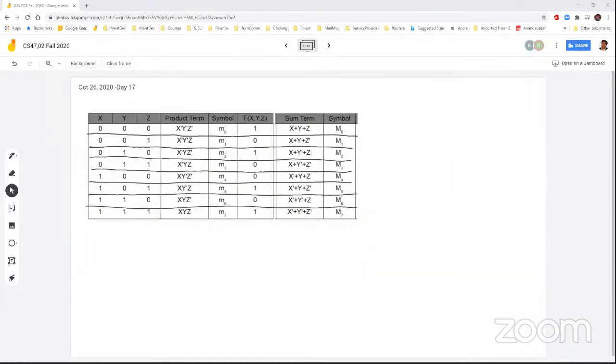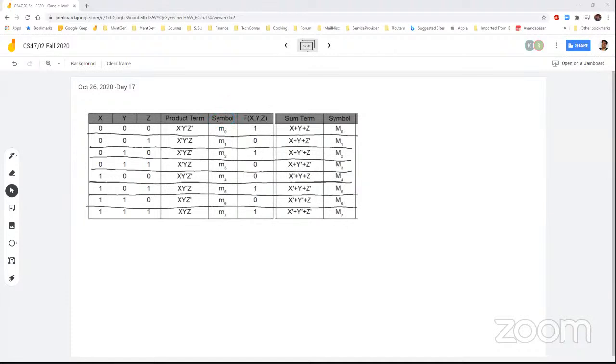So let's say I have a function. The function is expressed as a truth table with three variables x, y, z, and F(x, y, z) is the output. These two columns are given for establishing the fundamental definitions of the product term, what it looks like, and what symbol we write for those terms.